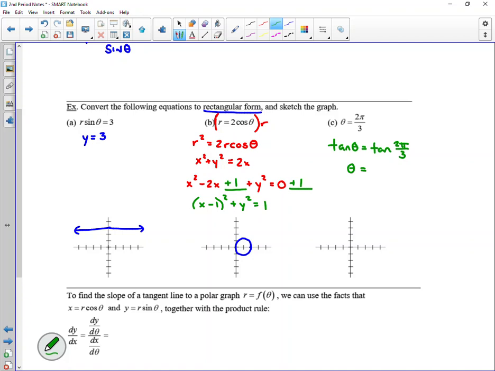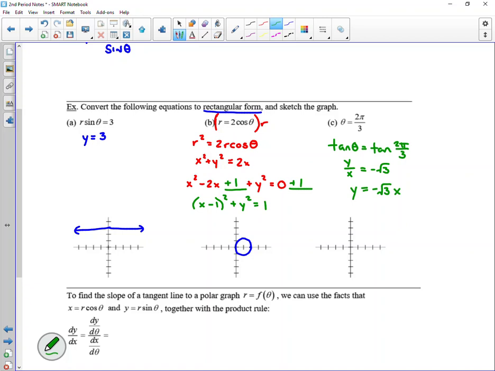Negative. Yeah. And tangent of theta can be written as y divided by x. That's how we can get that back to rectangular. So y equals negative root 3 x.